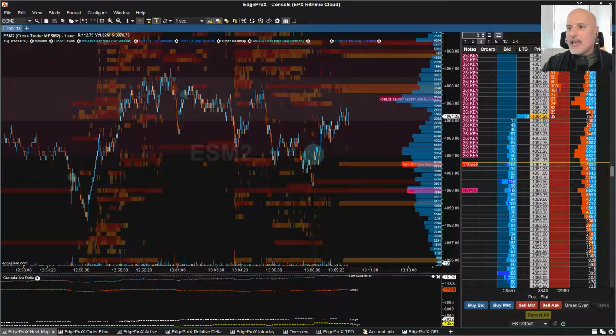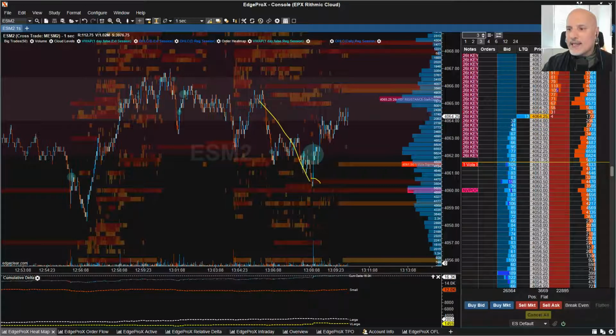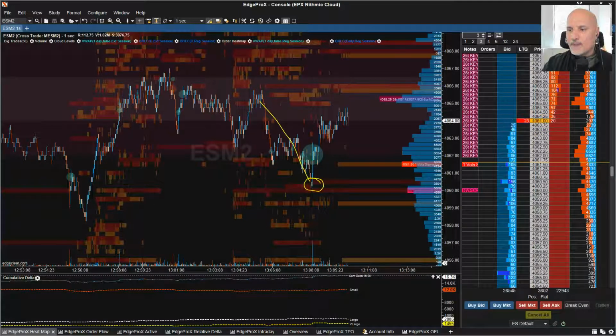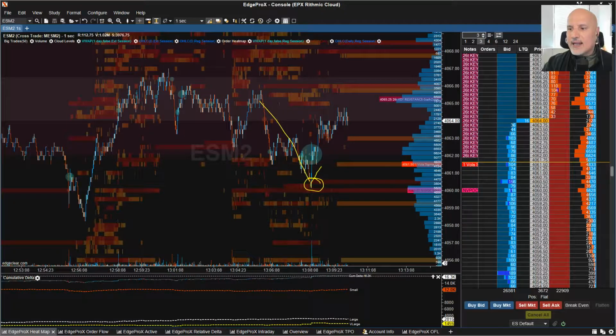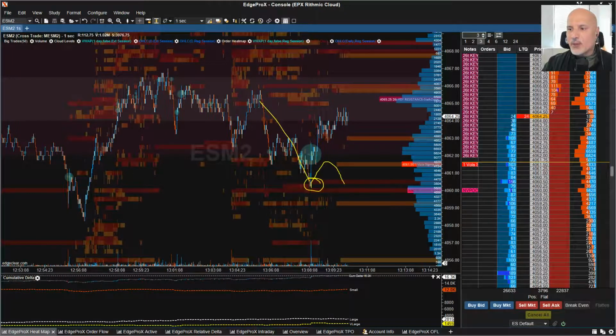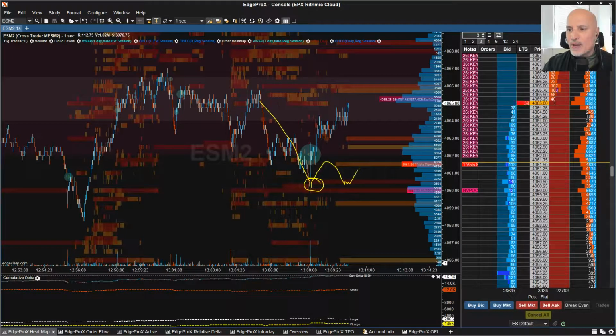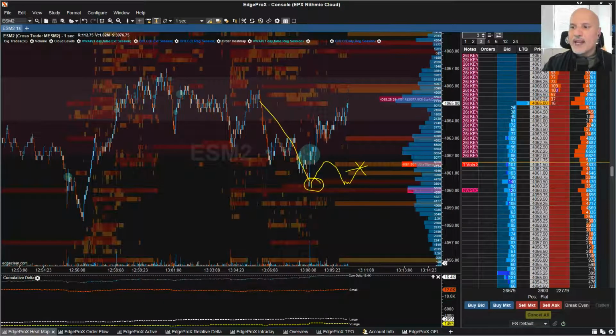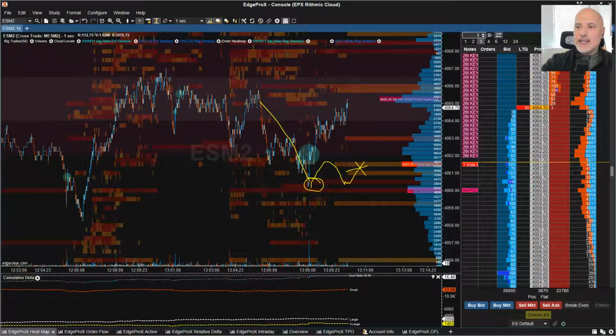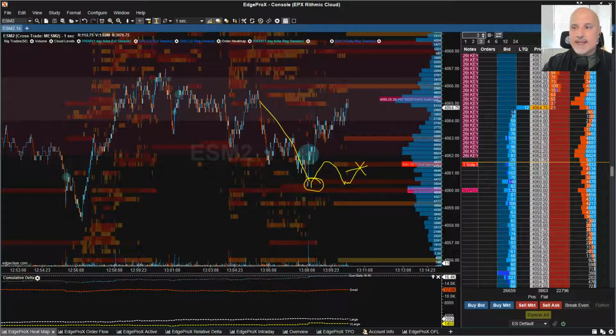This is getting darker. As it moves lower, I want to see it collide, which it didn't do. What I want to see is it either collides and bounces back up, pulls back, is not able to push lower and starts pushing higher, and I'm looking to get long as early as I can on that retest.